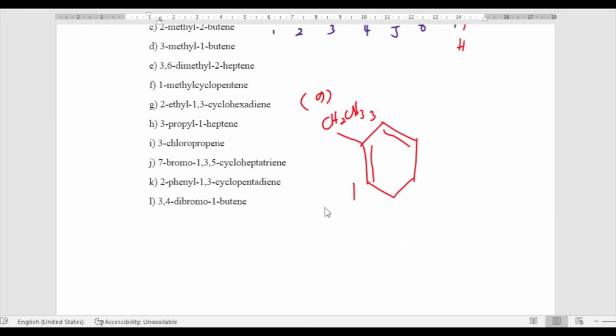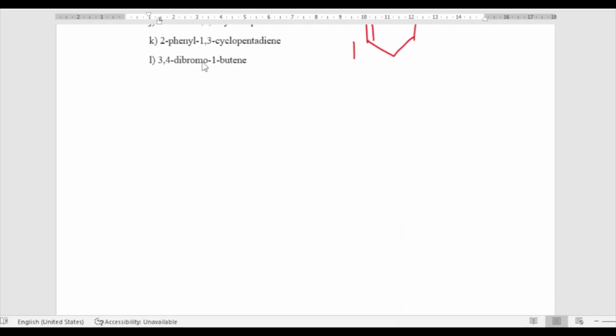And then the next one, I think this one will be quite tricky for you. Question 2K, 2-phenyl-1,3-cyclopentadiene. Phenyl is a benzene as a substituent. It will be something like this. Penta is 5 carbon.